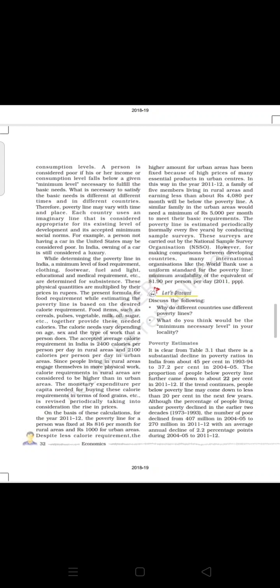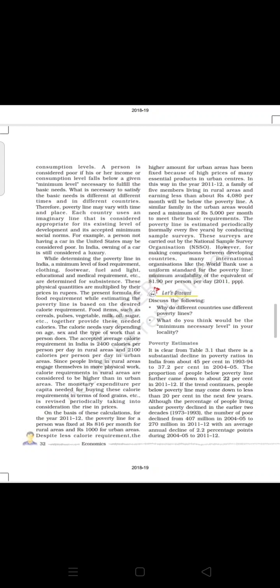The present formula for food requirement while estimating the poverty line is based on the desired calorie requirement. Food items such as cereals, pulses, vegetables, milk, oil, sugar, etc., together provided these needed calories. The calories needed vary depending on age, sex, and the type of work that a person does.